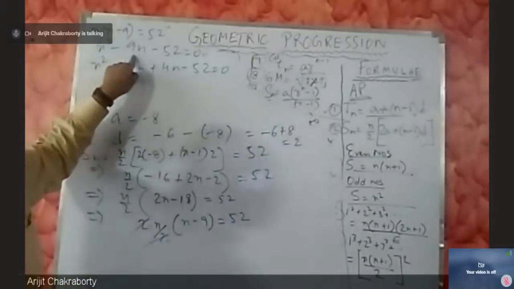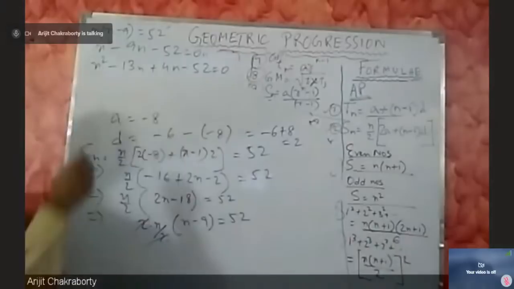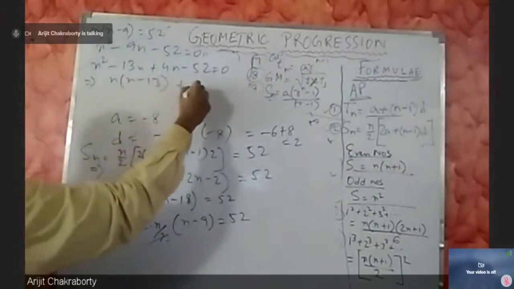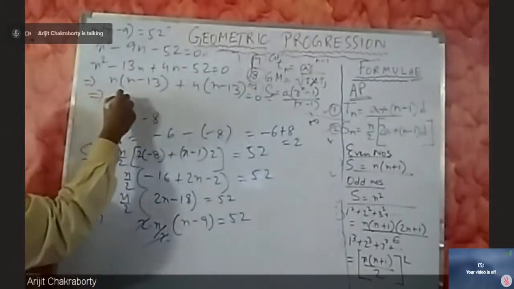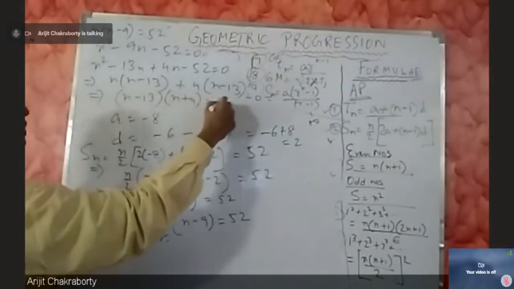I am splitting the minus 9n part into two parts, minus 13 plus 4. So this gives me n into n minus 13 plus 4 into n minus 13 equal to 0. That is, the equation is n minus 13 into n plus 4 equal to 0.